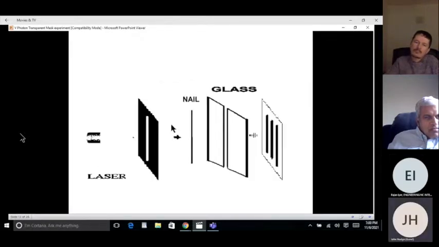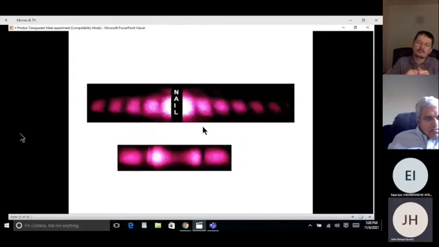The next step is to place a nail, which is an opaque mask, between the first and second mask, such that the light is blocked that would normally go through the slit. And now there's a trick to this.